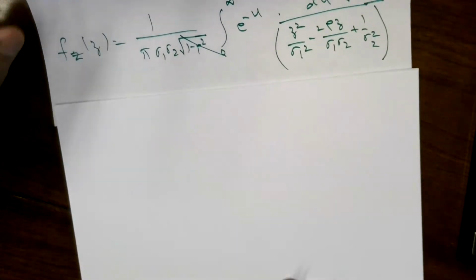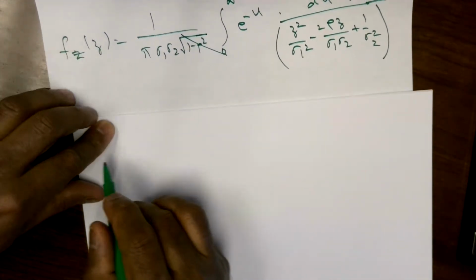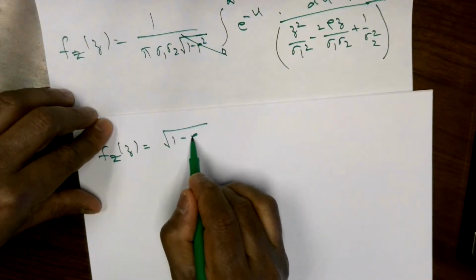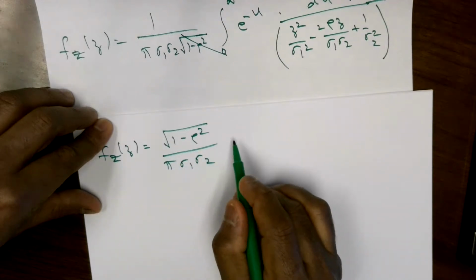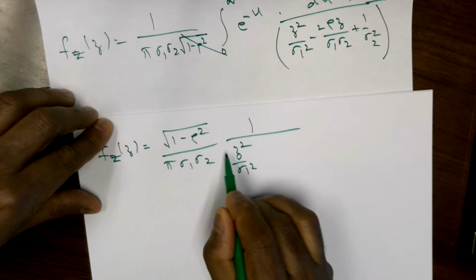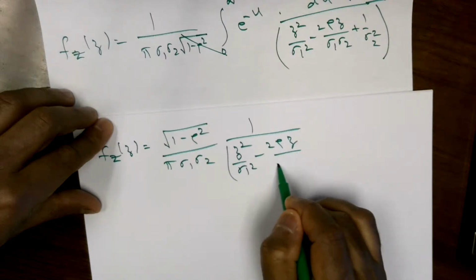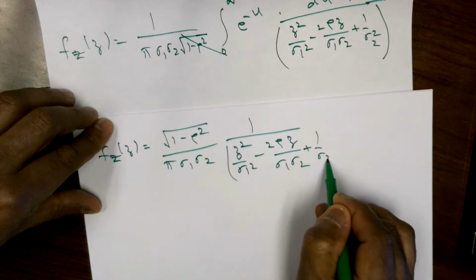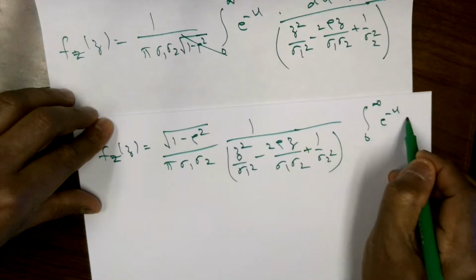So we have now f_Z(z). If I haven't made any mistake, this is so far 1 over pi sigma 1 sigma 2. Then you also have z squared over sigma 1 squared minus 2 rho z over sigma 1 sigma 2 plus 1 over sigma 2 squared, integral 0 to infinity e raised to minus u du.